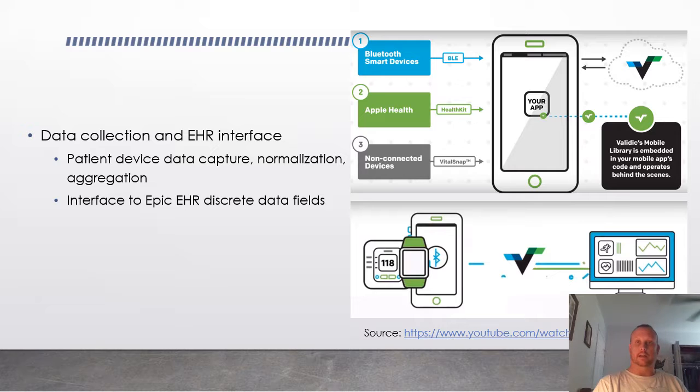Instead, we really like the idea of patients being able to use their own devices, bringing those to the table and having a platform to collect that data seamlessly and integrate it with the EHR. The Validic platform does incur some costs, but it is much lower than, say, a comprehensive platform where it would be these proprietary devices collected on a platform and integrated into the EHR separately. So we did like this.